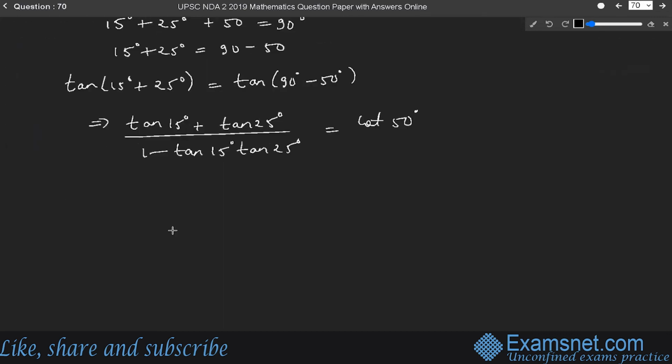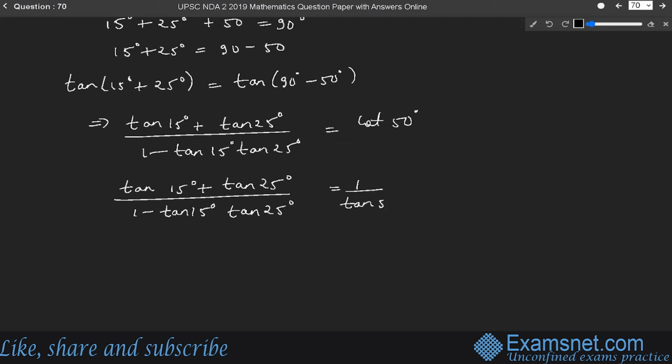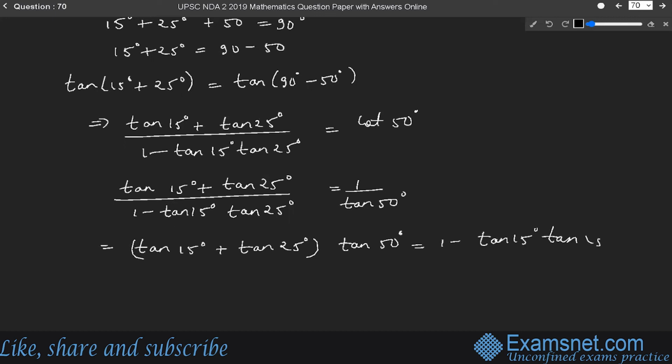So it implies that tan 15 degree plus tan 25 degree divided by 1 minus tan 15 degree into tan 25 degree is equal to 1 upon tan 50 degree, because we know that cot x is equal to 1 upon tan x. So this will be equal to (tan 15 degree plus tan 25 degree) into tan 50 degree is equal to 1 minus tan 15 degree into tan 25 degree.